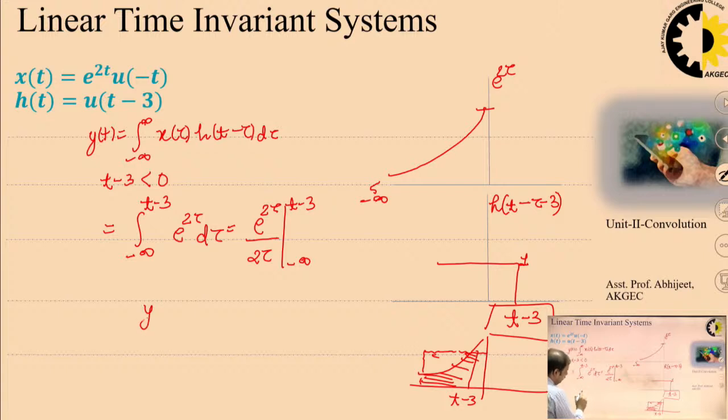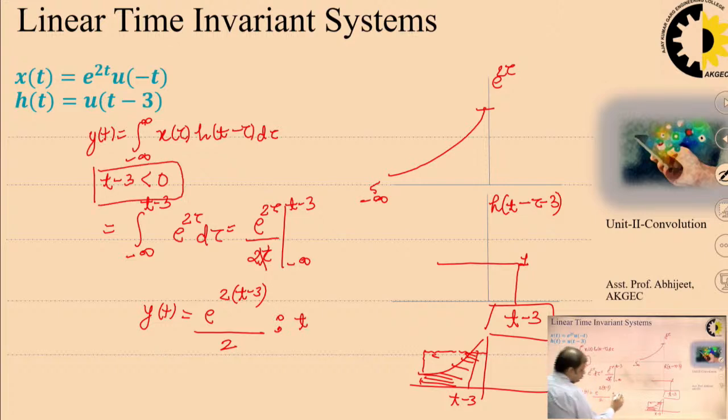So therefore y of t, not going into any mathematics, I can write e raised to the power 2 into t minus 3 divided by 2 for the case when t minus 3 is to the left of 0, which means to say t is less than 3. T is less than 3.